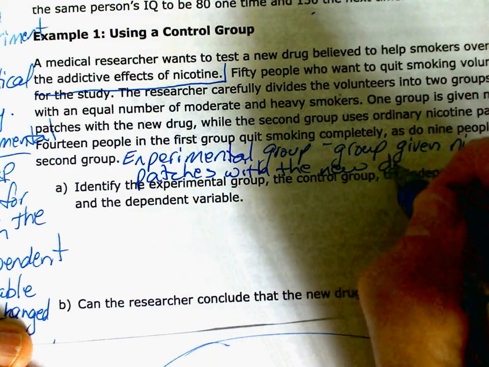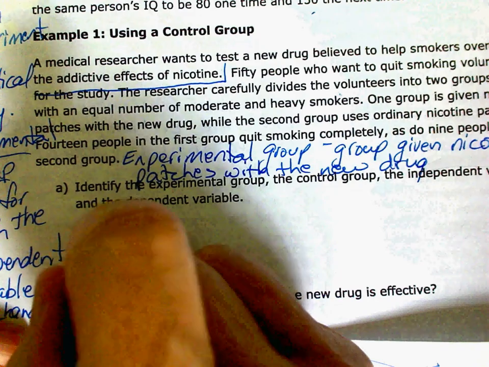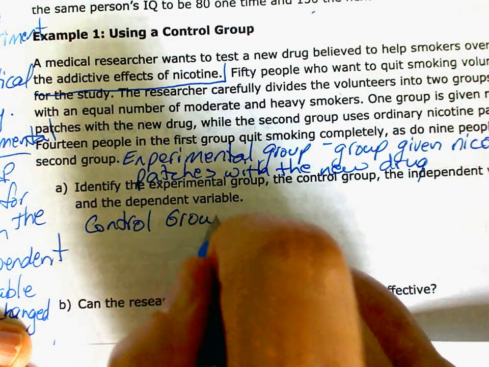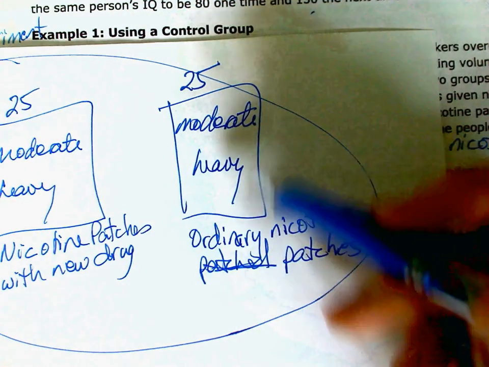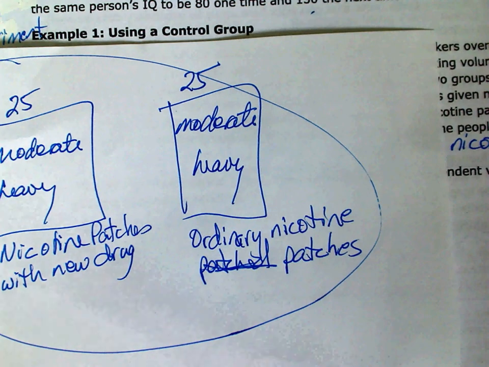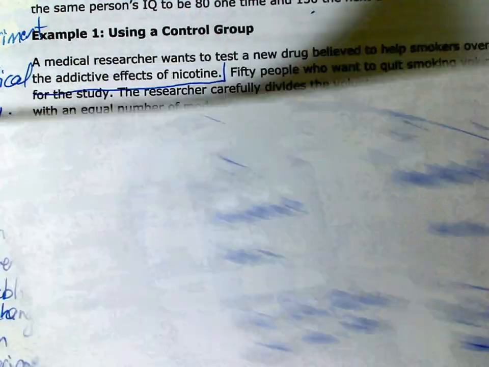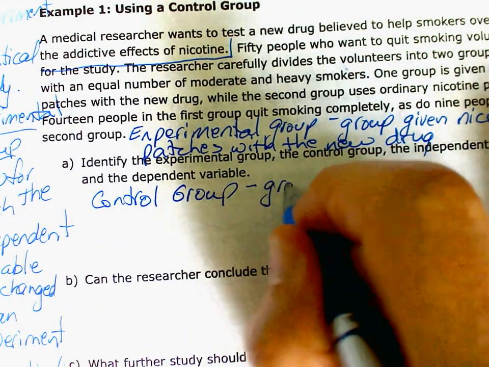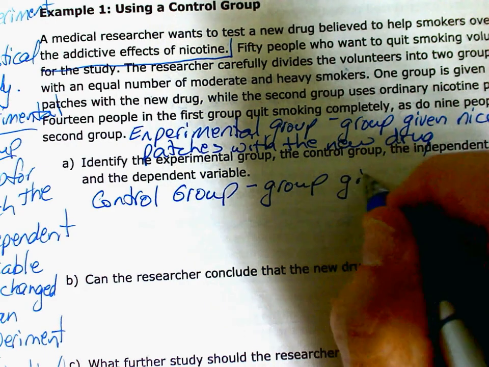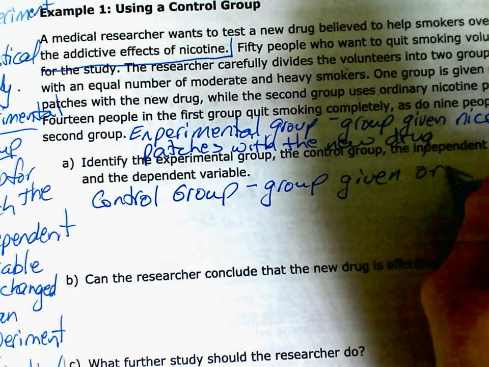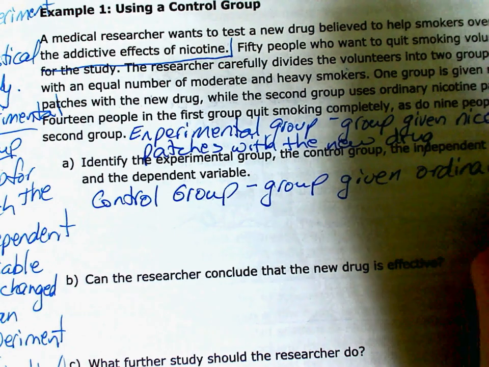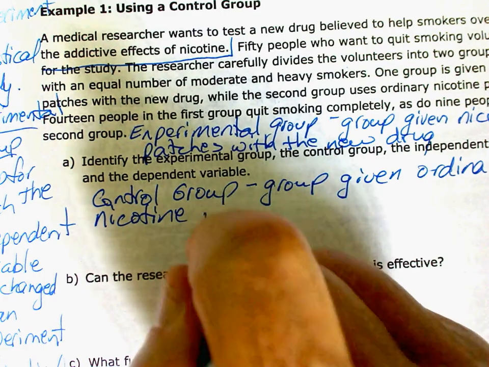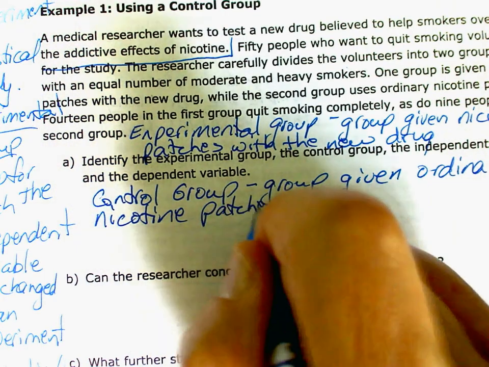Now the control group is this one. They didn't get the new drug. They just got the ordinary nicotine patches. Group given ordinary nicotine patches without the new drug.